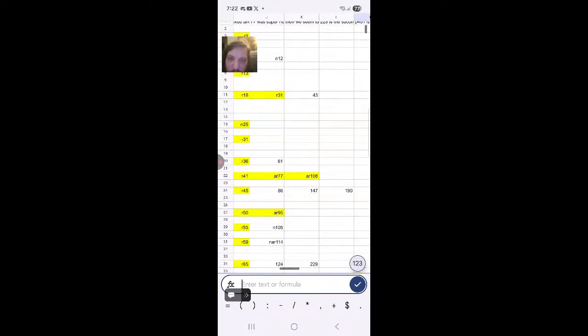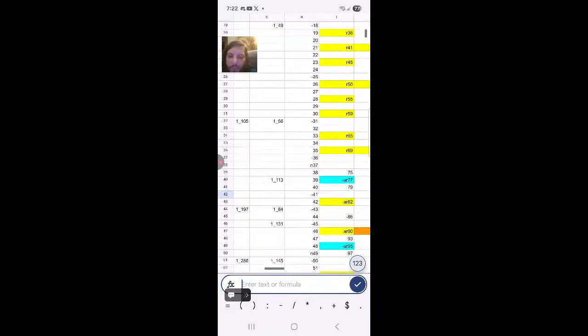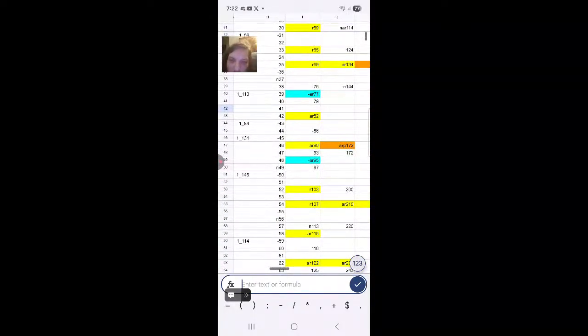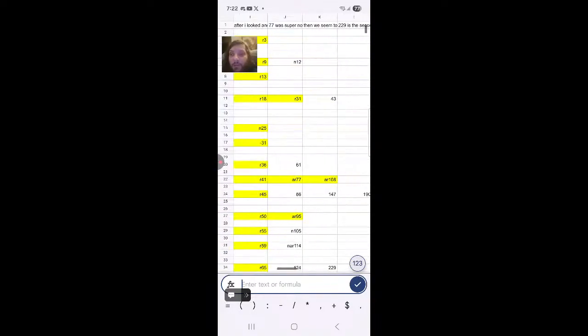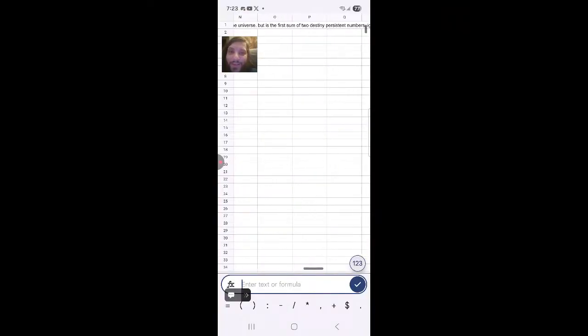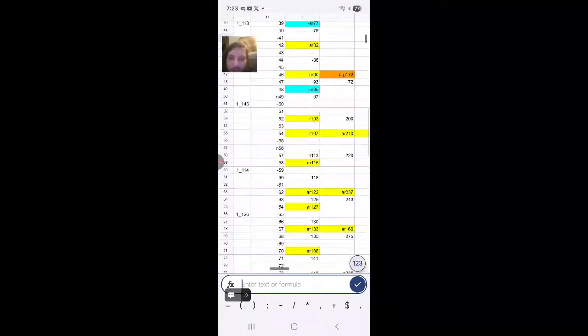Why would 49 be negated? Oh, it's up there. Okay, so every number that shows up as that is a negated number, so it normally would, but then I don't even understand the process that my mind went, but at least I made notes. I made a lot of notes.